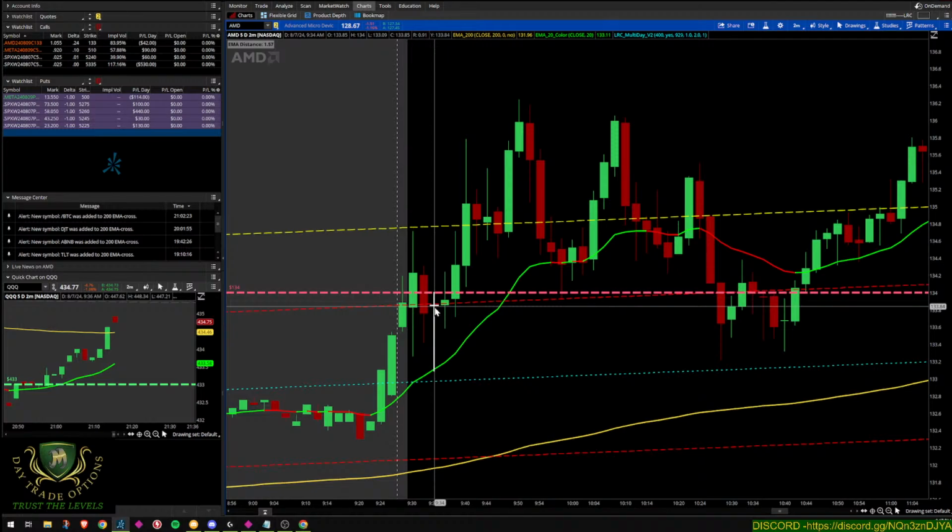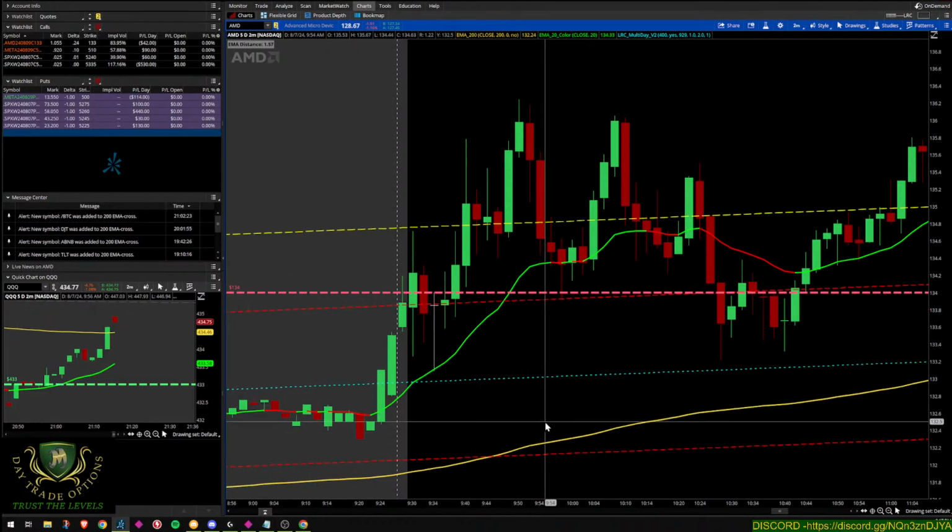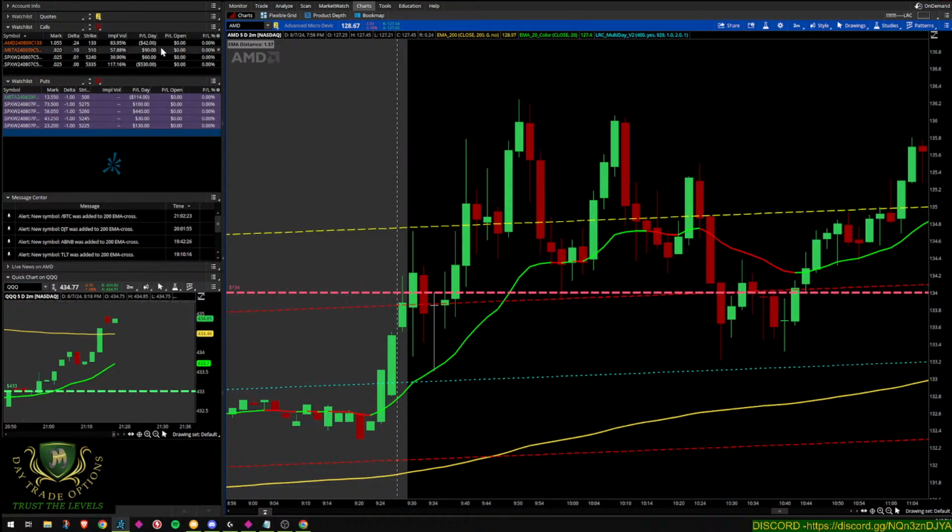I exited on this candle, which was a second close below my 134. I took a loss of $248 here. But when I saw this coming back up, I re-entered right here. I rode up and took a little bit of profit.